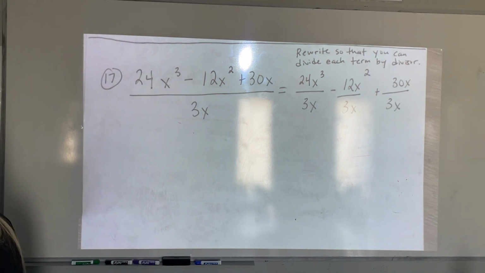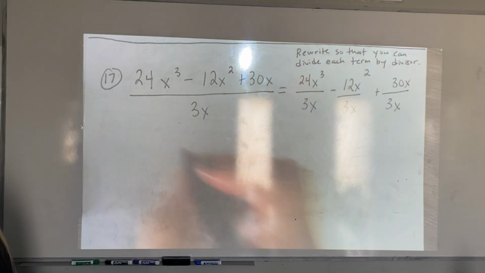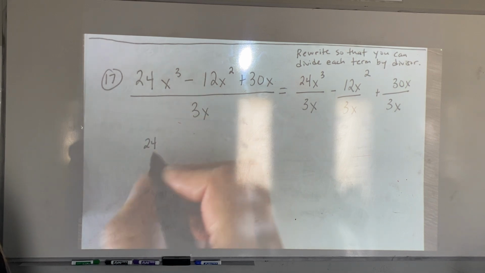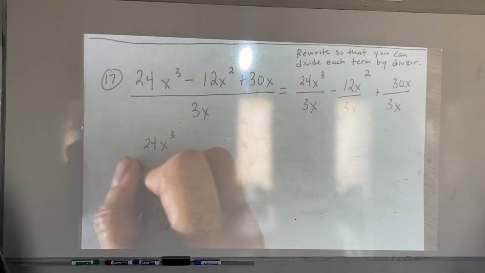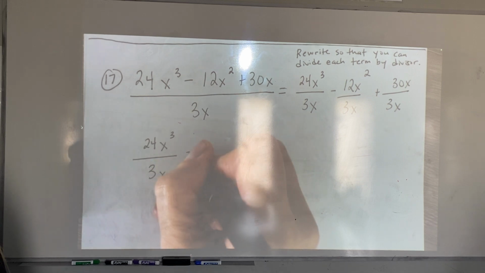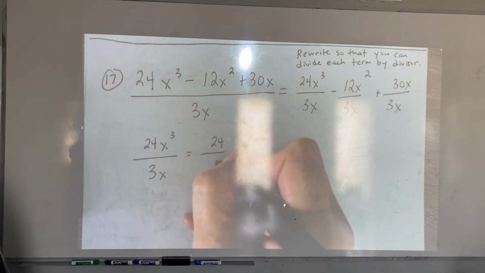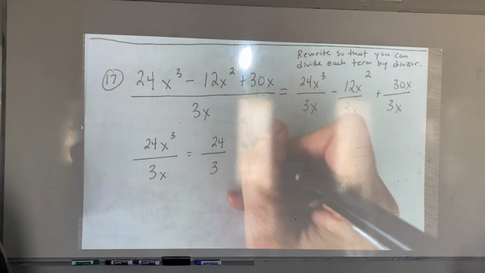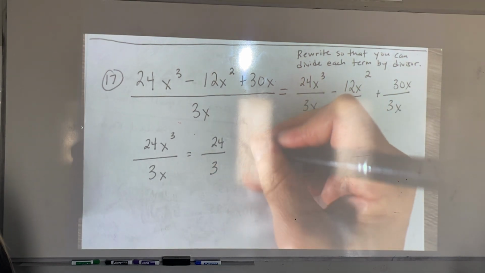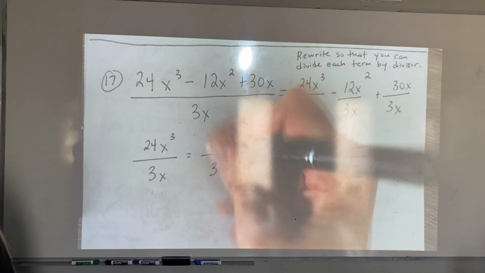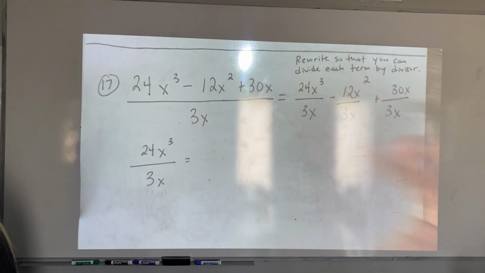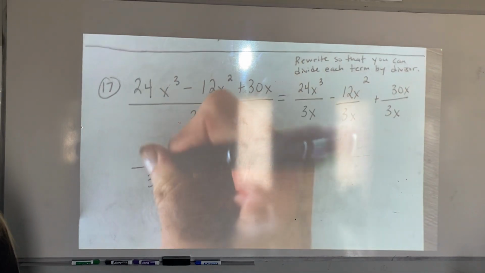Then, what am I? So, 24x cubed divided by 3x equals 24 over 3. And you know what? This is just going to be so complicated if I. I'll just do this now.